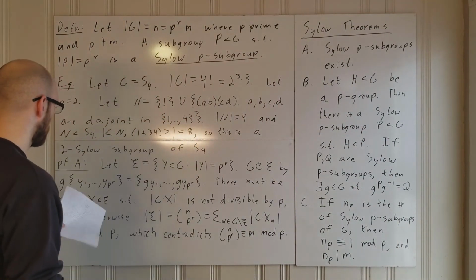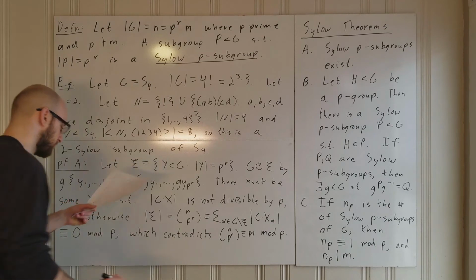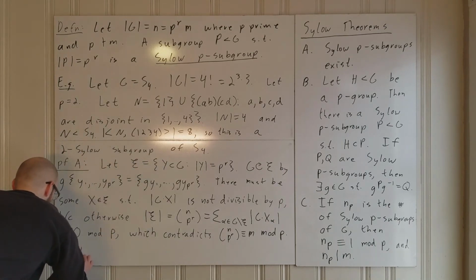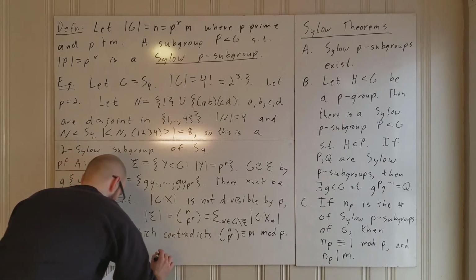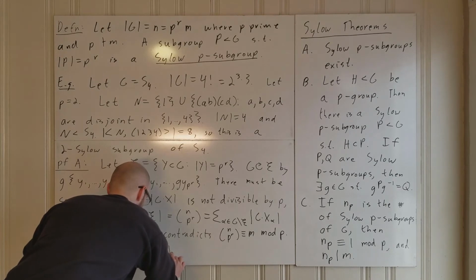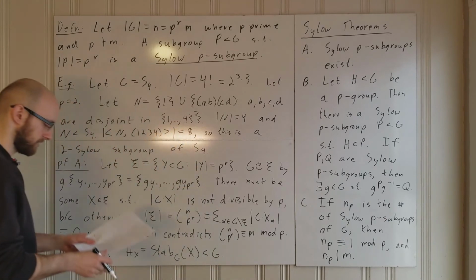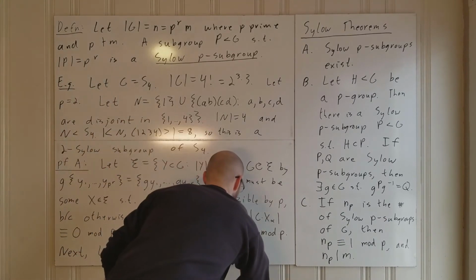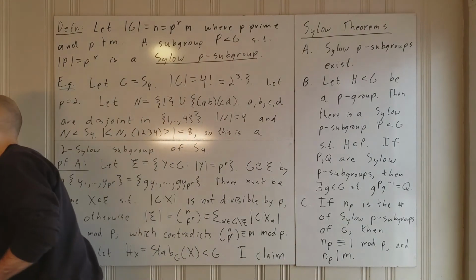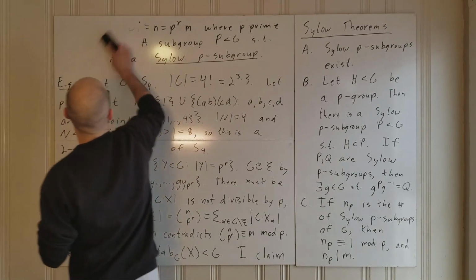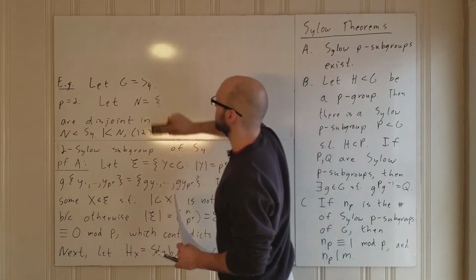Okay, so we've chosen X in script E. Next, we're going to let H_X be the stabilizer in G of this element X. And of course, this is a subgroup of G. Then I claim, I've left a cliffhanger here, but basically I'm claiming that this gives us what we want.